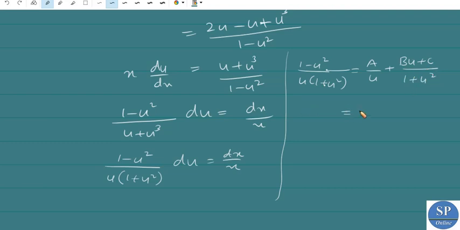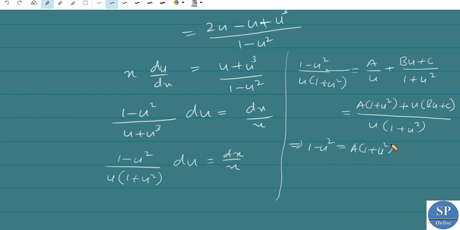So this is equal to a into 1 plus u square plus u into bu plus c, divided by u into 1 plus u square. So 1 minus u square is equal to a into 1 plus u square plus u into bu plus c.